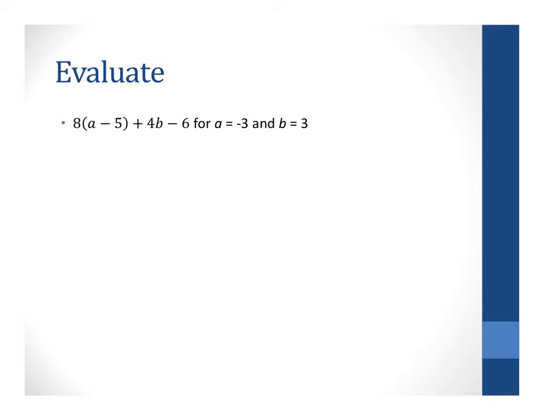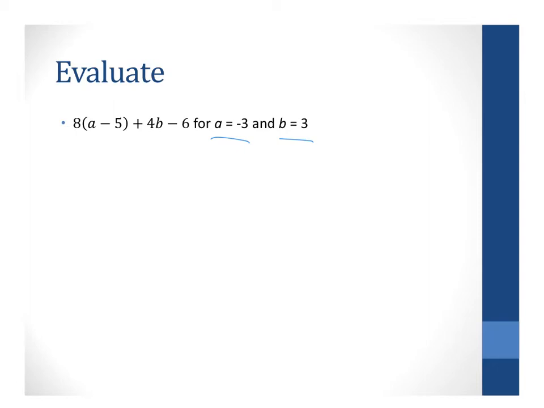Sometimes we're asked to evaluate. Again, we're just doing a bunch of different stuff with expressions. So when it says to evaluate, well, I'm given some values of a and b. And as you see, we have an a and a b in our expression. Now you could have multiple a's or multiple b's or whatever variable we're using, but essentially we're just plugging our value in to each variable.